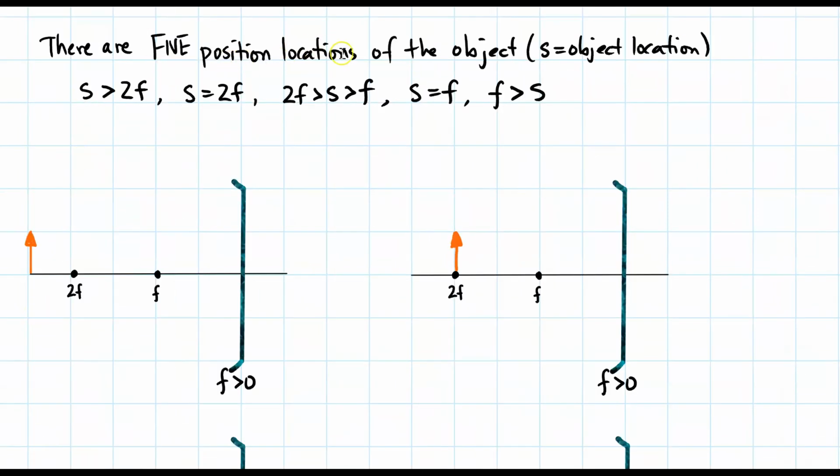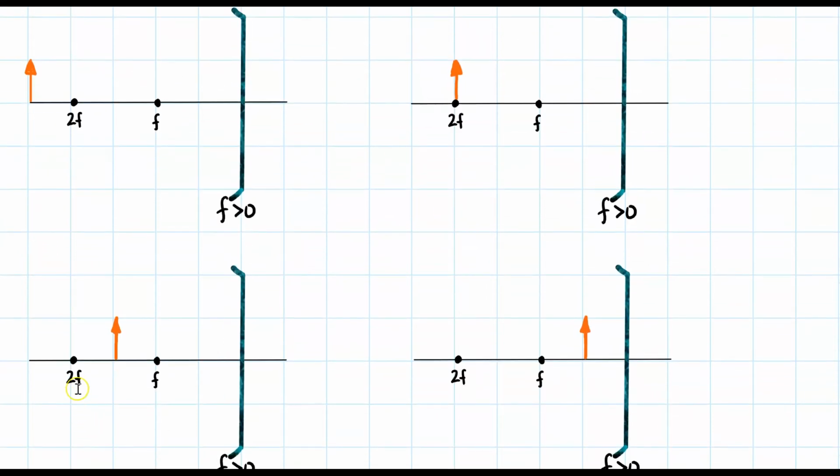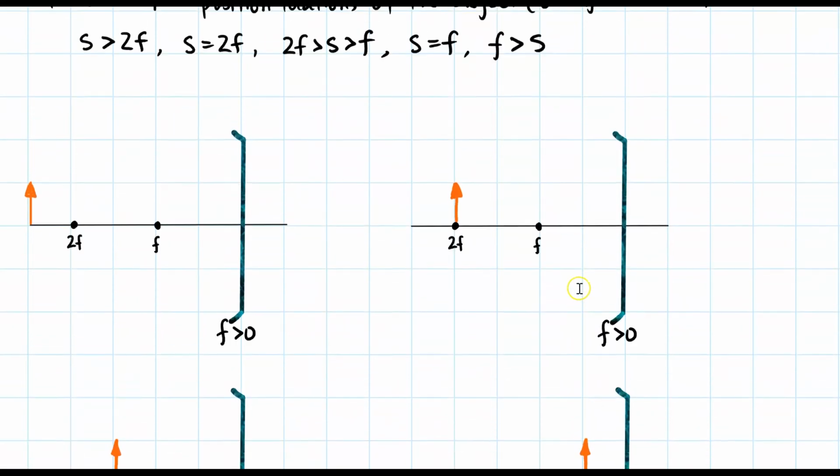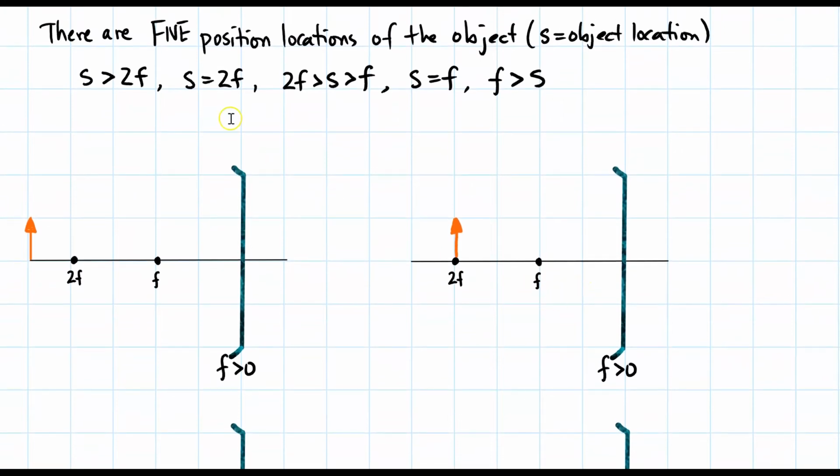There are 5 locations of the object to consider: object outside of 2F, object at 2F, object in between 2F and F, and finally object inside of the focal point. Let's draw the 2 ray diagrams.